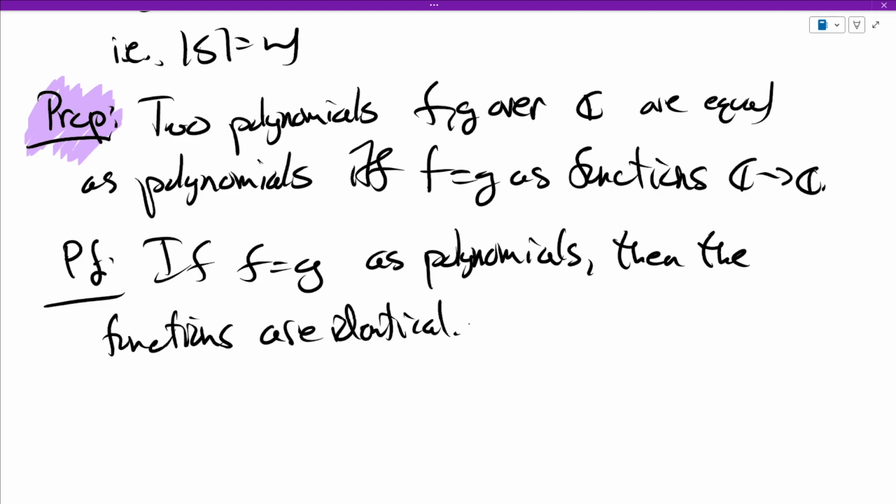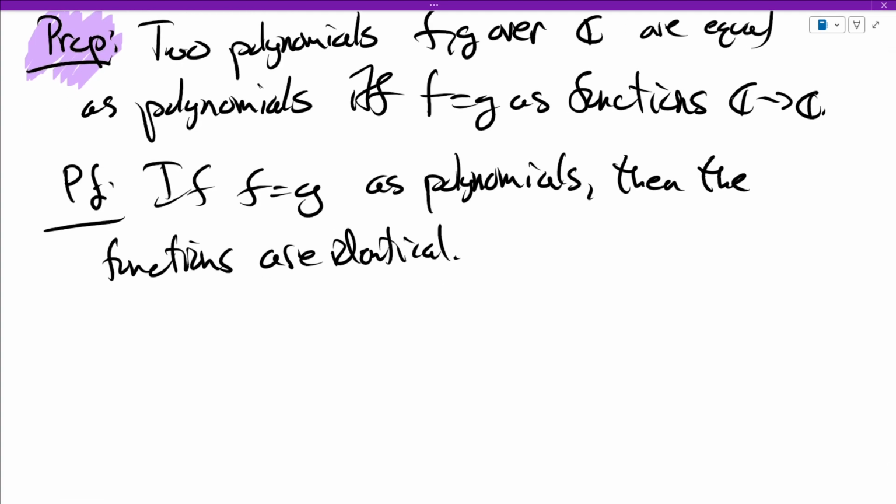You can't distinguish them symbolically, so the functions they define are going to be the same. Sometimes on the function side, two functions look different, but they happen to be the same function. So there has to be some care taken in general, but if they have all the same coefficients, the functions they define must be the same. All right, so that's the forward direction.